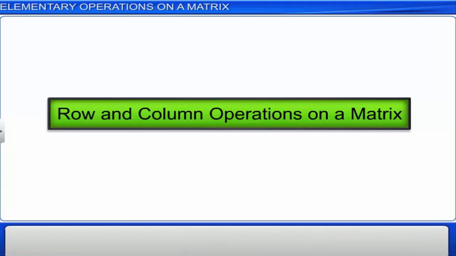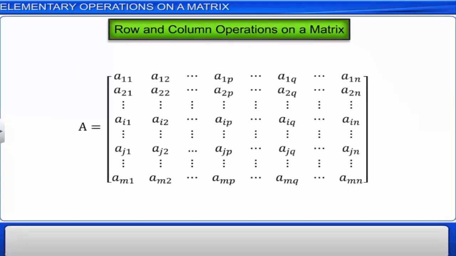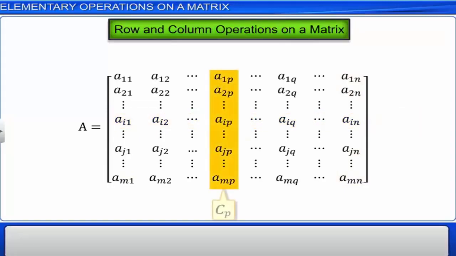Before we start with the operations, we will see some conventions. Suppose we have a matrix A with m rows and n columns. We denote the ith row as R subscript i and the pth column as C subscript p. Now, let's start exploring the operations.